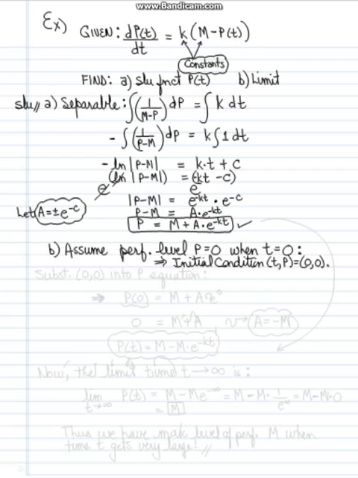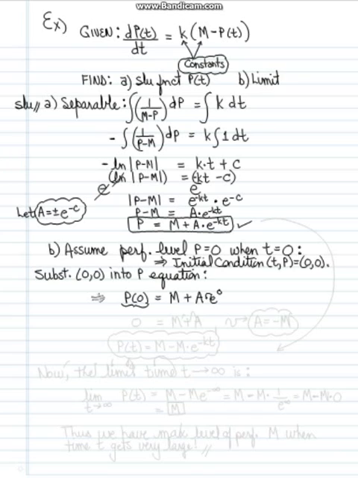And that initial condition will help us find a constant. So we're going to substitute (0, 0) into the P equation. And that will give us P of 0 equals M plus A times e to the 0.